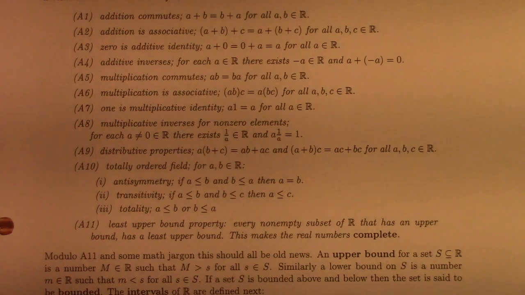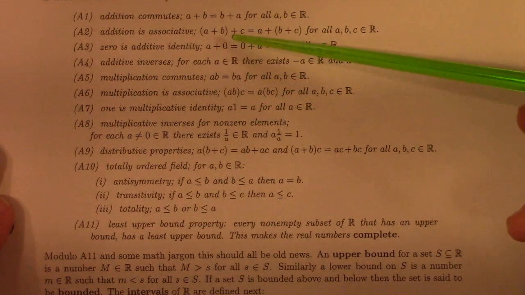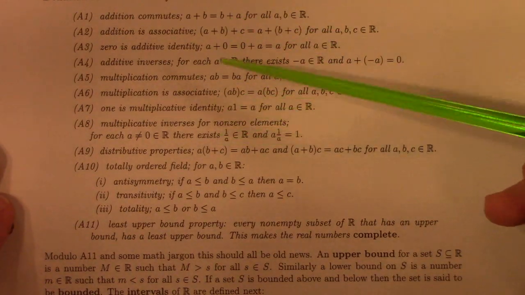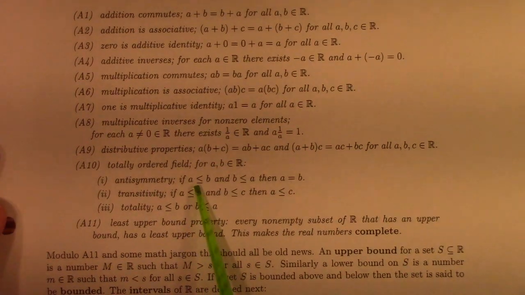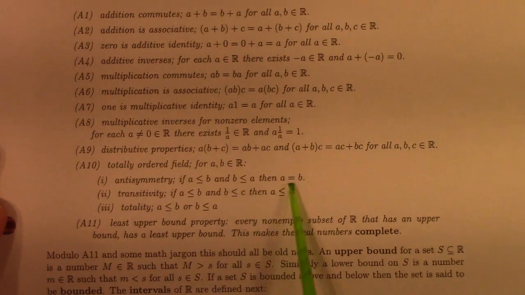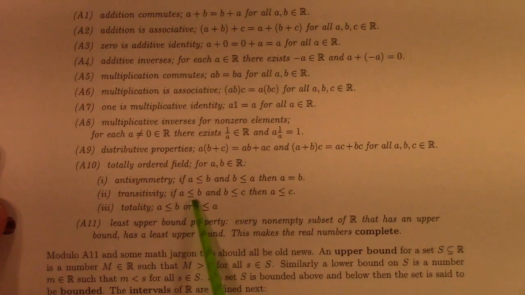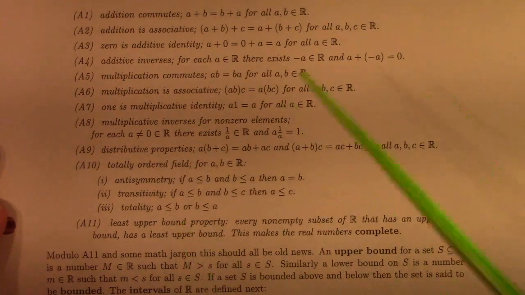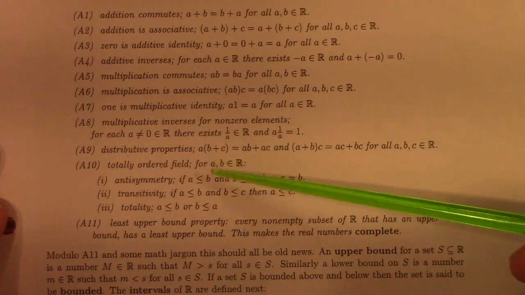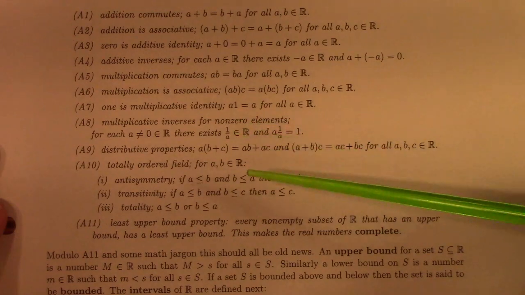Okay. So real numbers have all these nice algebraic properties, and they also have this ordering. Oh, I'm sorry, I'm not saying this right. Anyway, here are the axioms for a totally ordered field.